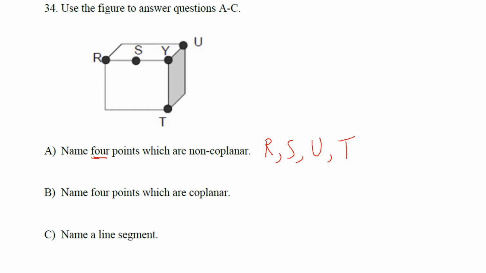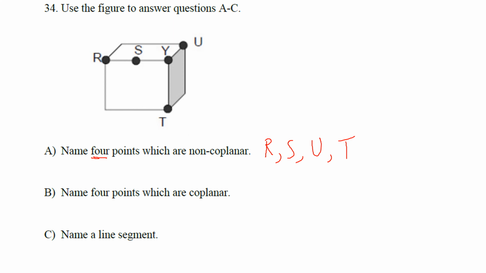Because any 2 points will be on the same line. Any 3 points will always be on the same plane. So when you start talking about 1 extra above those 2 requirements, then we can definitely talk about points that are non-coplanar or non-collinear. So on here, those 4 were non-coplanar.